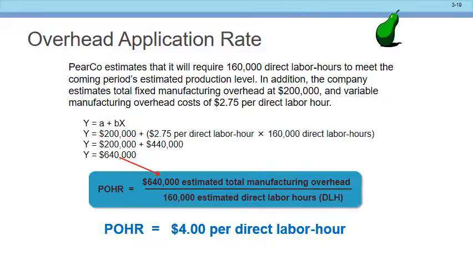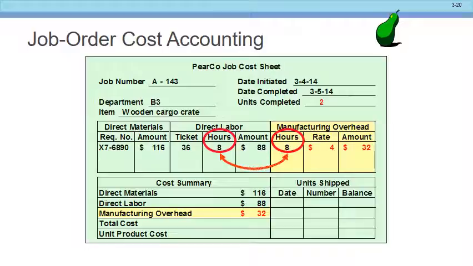But it is estimated at the beginning of the year so that we can capture our overhead cost. If we did this based on direct labor hours, and our predetermined manufacturing overhead rate is $4, that we just went through all that trouble to calculate, that means we are going to capture $32 of manufacturing overhead for this job.